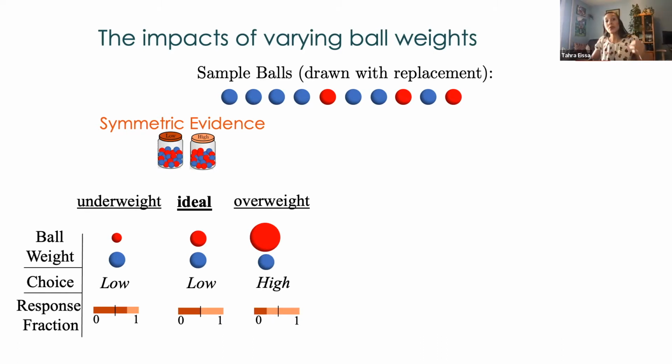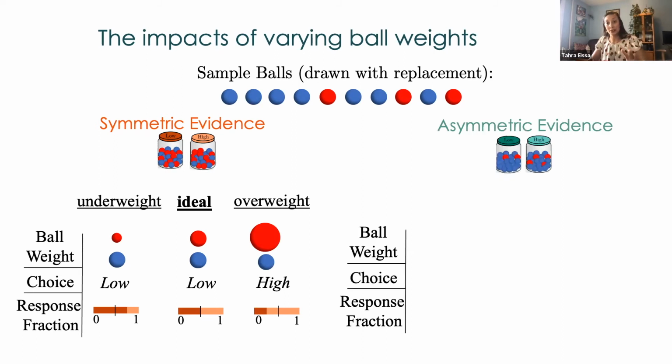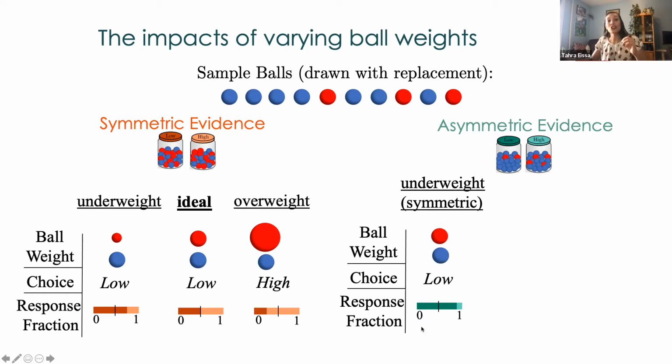Now, importantly, when we look at the asymmetric evidence case for the same concept, if we were to use the symmetric weights, we're actually going to get an enhancement or an exacerbation of that choice asymmetry. So remember that symmetric weights are not useful in an asymmetric evidence case.